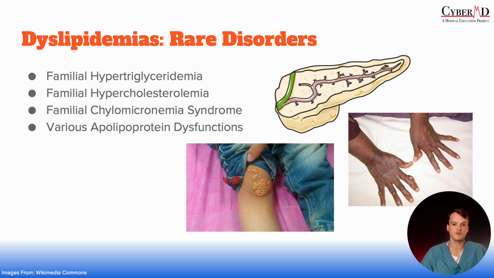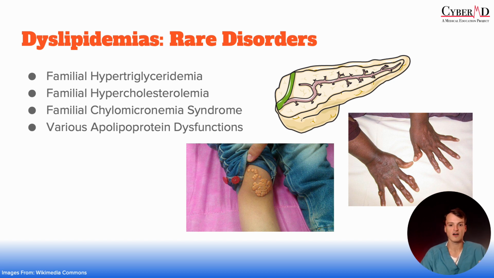Before we move on to, so to speak, the meat and potatoes of the lecture, I wanted to give you a few uncommon dyslipidemias that are still fair game on your exams. So you have familial hypertriglyceridemia, and this condition is characterized by elevated triglyceride levels in the blood, often without any significant increases in other cholesterol levels.